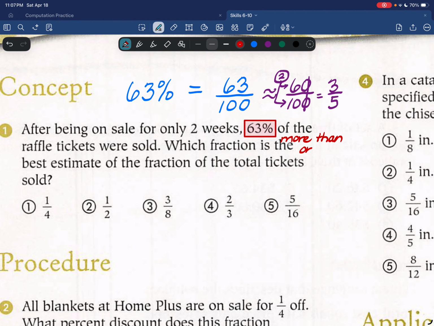I would never have thought to do it this way, but I kind of like it. So we can eliminate 2 because that is 1/2 and we need more than 1/2. We can eliminate 1/4 because that's smaller than a half.